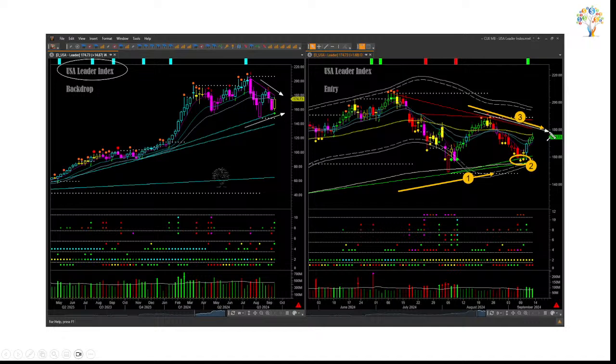In the daily, the direction is sideways, it is inside a triangle. And what is the preferred trading direction? When it is inside a triangle at the lower edge, preferred trading direction is buy. At the upper edge, preferred trading direction is short. It is at the upper edge now.